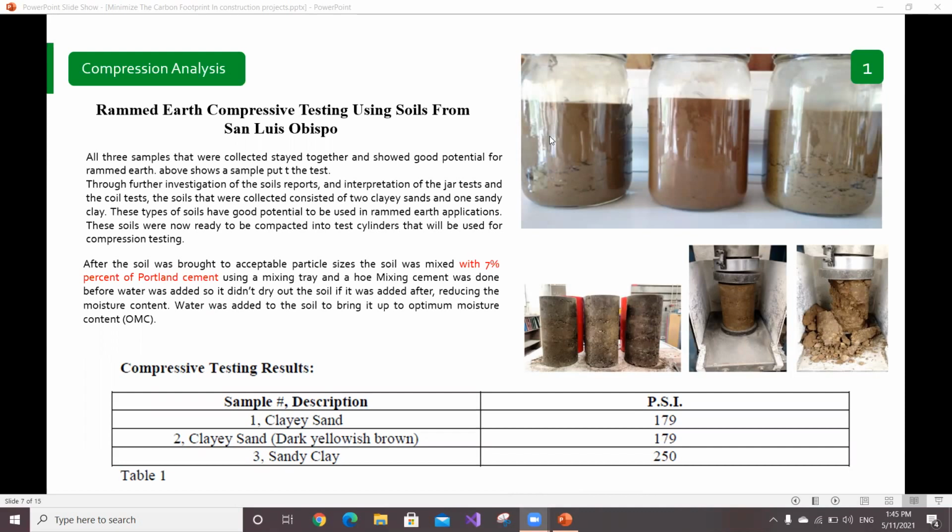I found a study in San Luis Obispo, which used three different types of soil: clay sand, dark yellow brown, and sandy clay. These types of soil needed to add some cement, about 7%. And as I mentioned, the result is not acceptable for all soils. Some of them reach the code requirement, others don't.